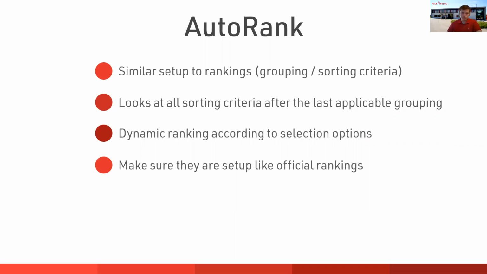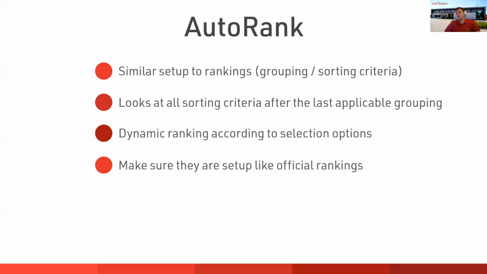And remember, grouping, sorting, they should ring a bell because we just talked about grouping and sorting within the output lists. The auto rank looks at all sorting criteria after the last applicable grouping. So the auto rank basically allows a dynamic ranking according to the selection options.